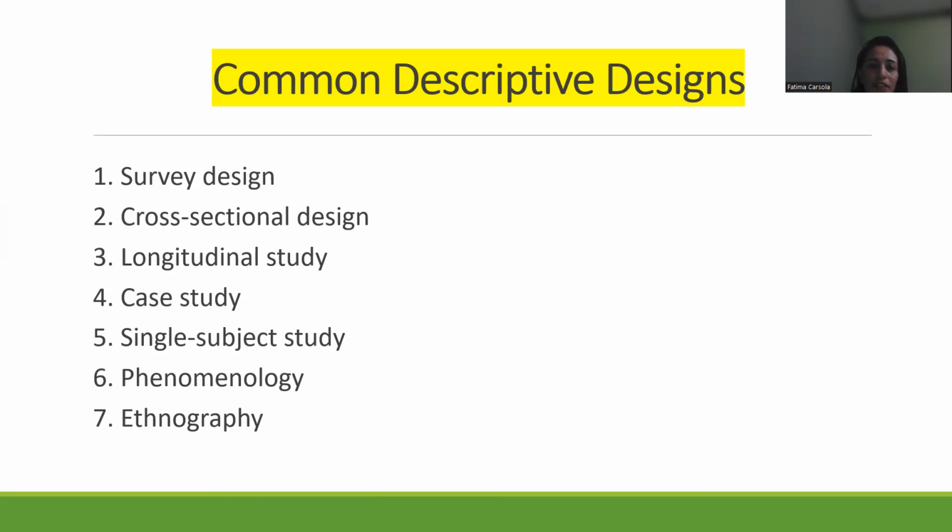It studies the features and interactions of a given culture through immersion in the natural setting over an extended period of time. One of the pitfalls of this one is that it might require the researcher to have extensive contact over long periods of time.